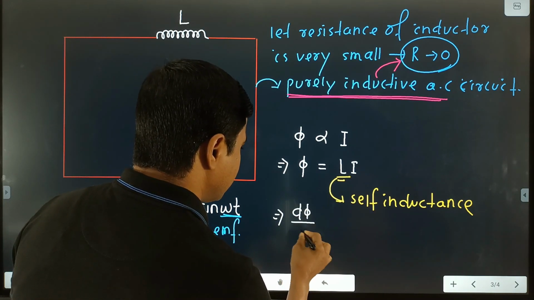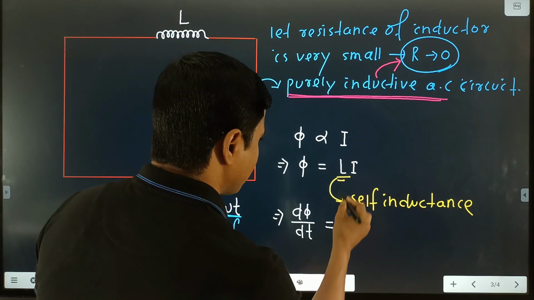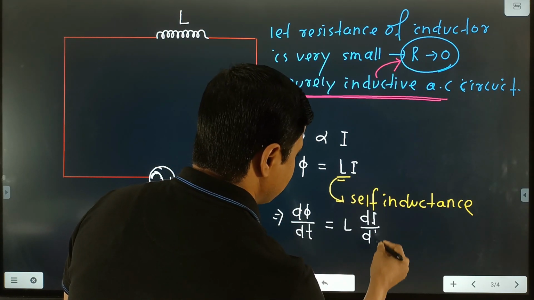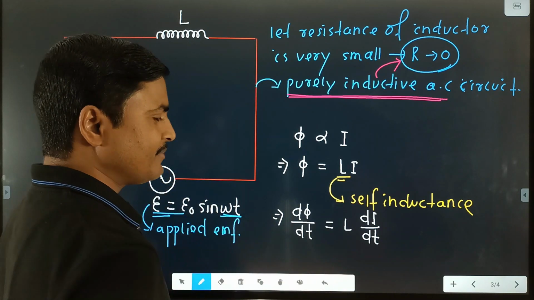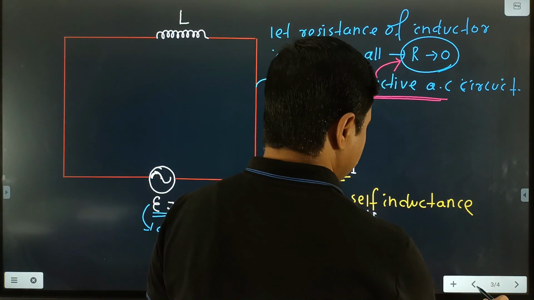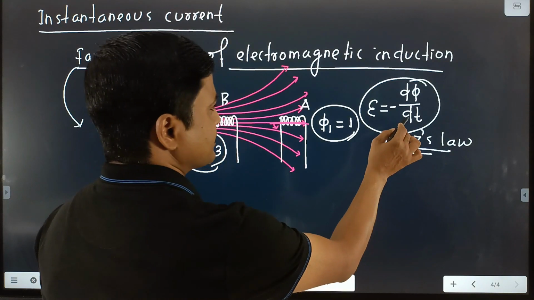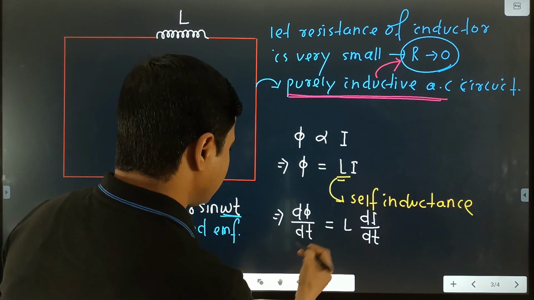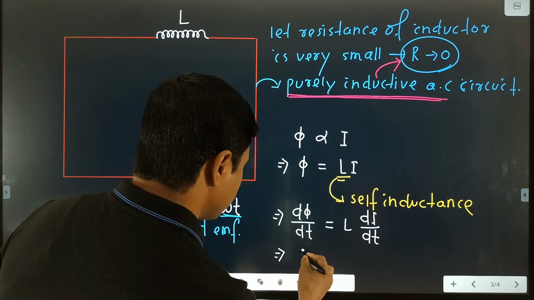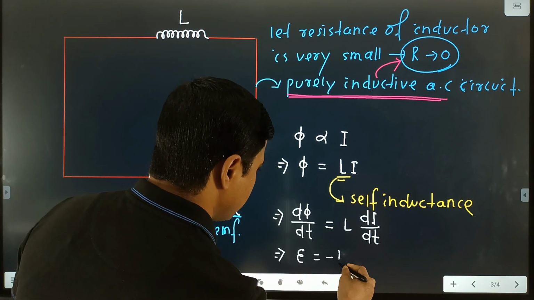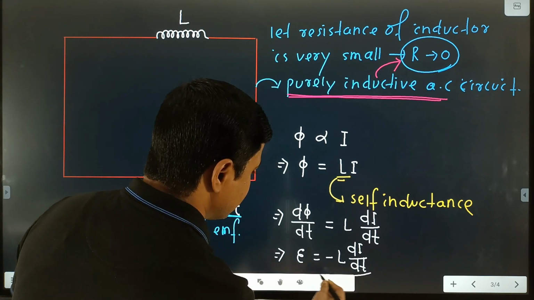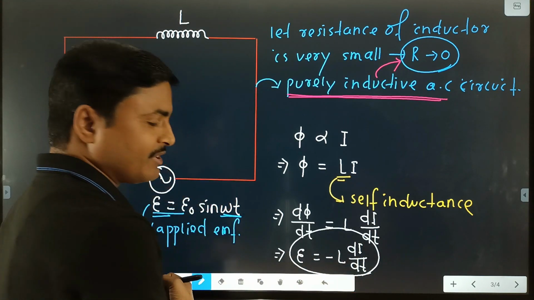We write d phi by dt is equal to L, a constant, multiplied by di by dt. What is d phi by dt? You know, in place of d phi by dt we write minus E, or we write E is equal to minus L into di by dt. This is the induced EMF.